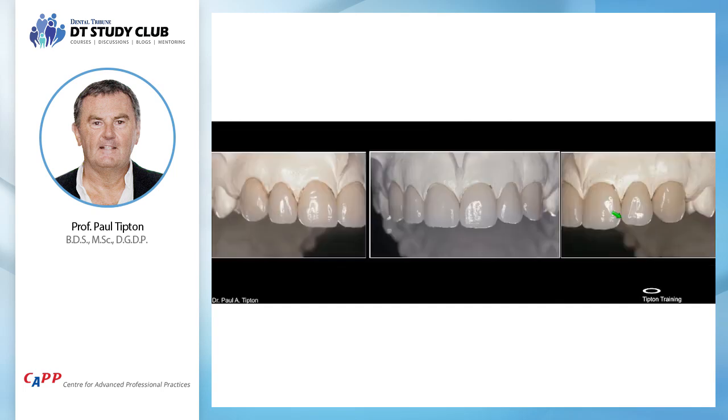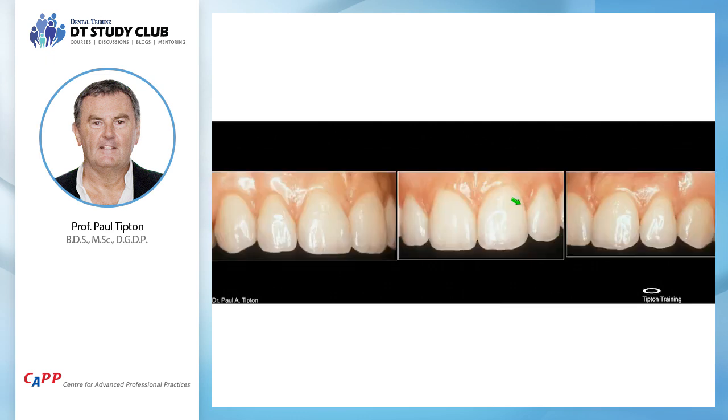We do that both sides, which allows our technician now to make the veneers with a nice thin interdental papilla, with the contact areas the right length, 50% of the length, 40% of the length of the central, 30% of the length of the central.